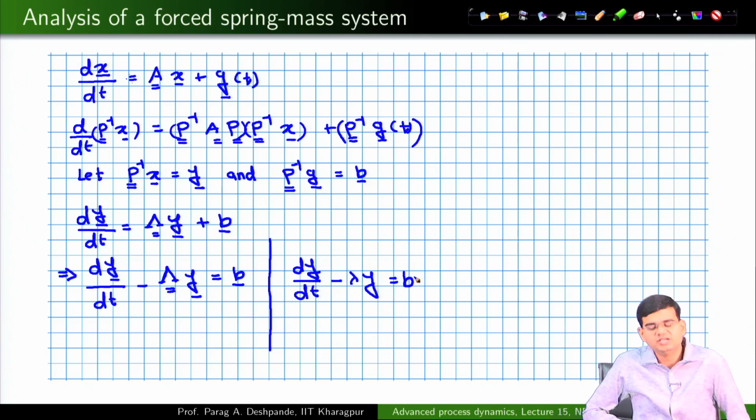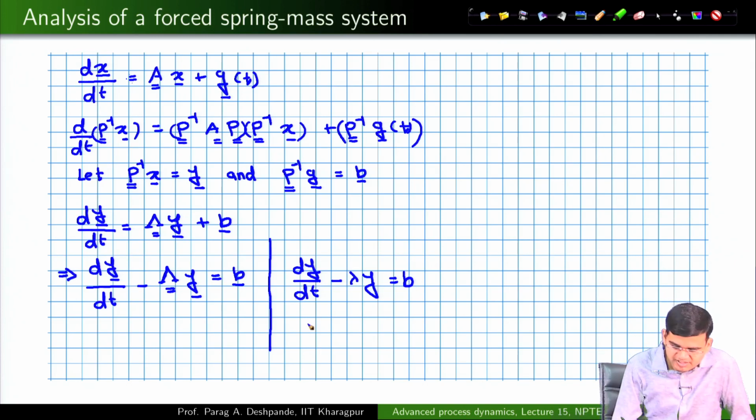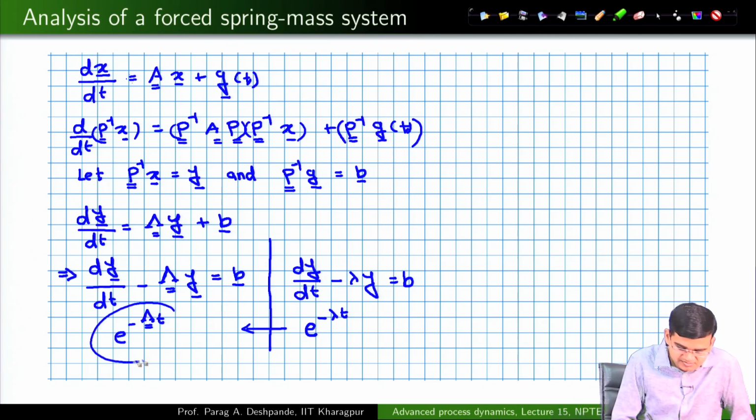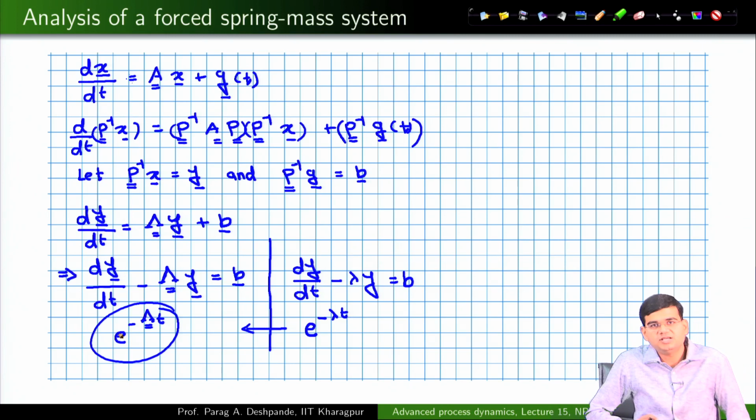So, therefore, I know that the integrating factor would be in this case e to the power minus lambda t. I know how to determine this, not very difficult. So, I will multiply this quantity on both the sides and solve for y.